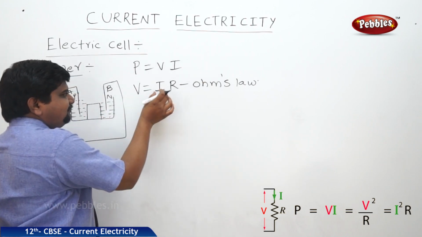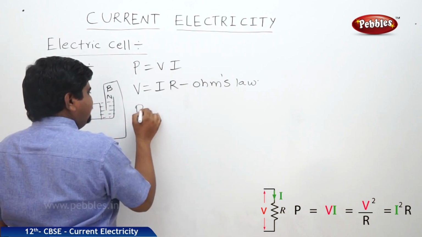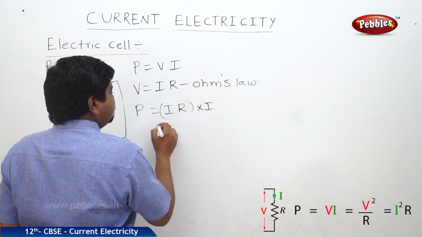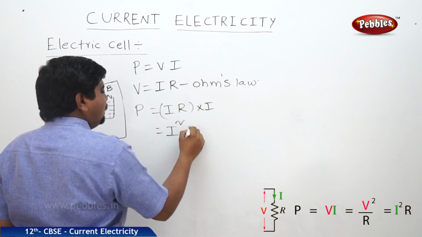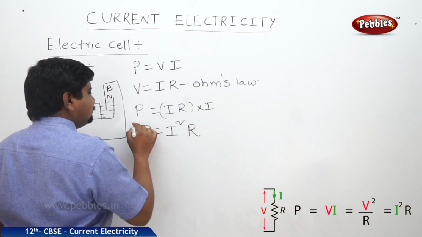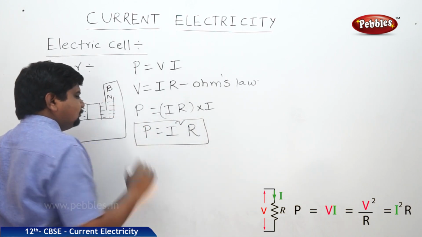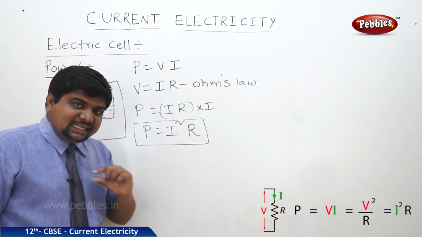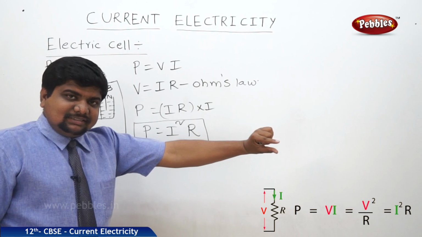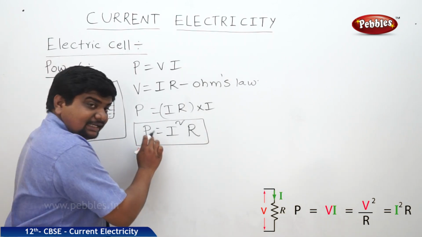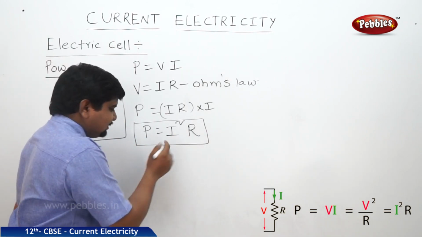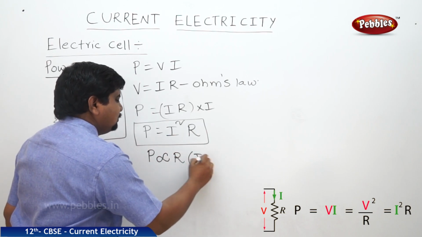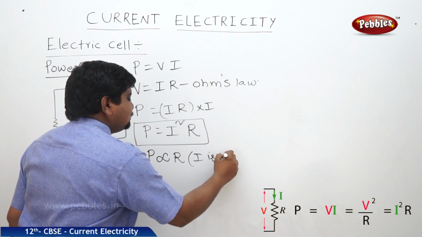Try to substitute this V value in this equation. Therefore, P is equal to IR into I, that is I square R. This means if the current is constant in a wire or in a cell, then power is directly proportional to the resistance, when I is constant.